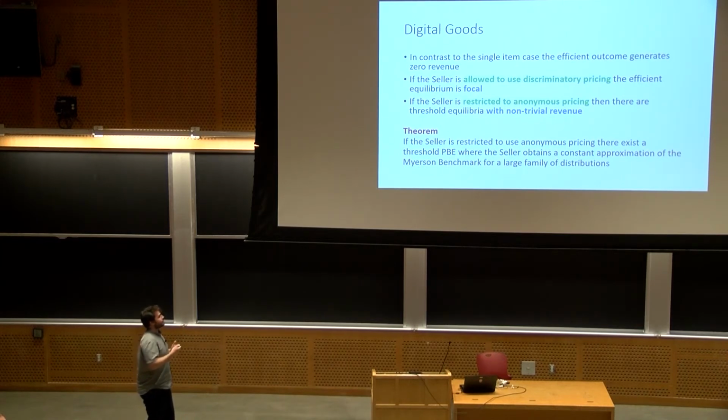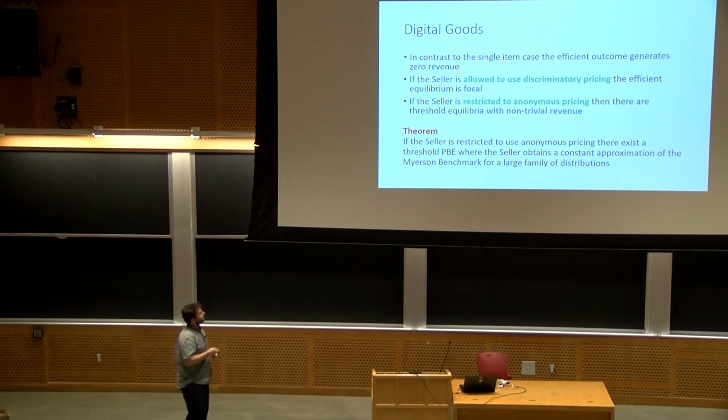However, if we restrict the seller to use an anonymous price, that suddenly allows us to show the existence of a threshold equilibrium with non-trivial revenue. The formal theorem statement is that if the seller is restricted to use anonymous pricing, there exists a threshold PBE where the seller obtains a constant approximation of the Myerson benchmark for a large family of distributions.